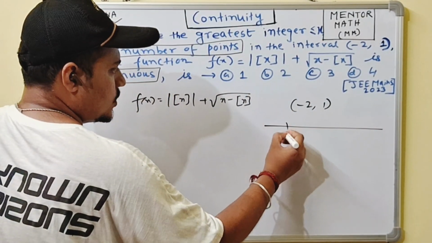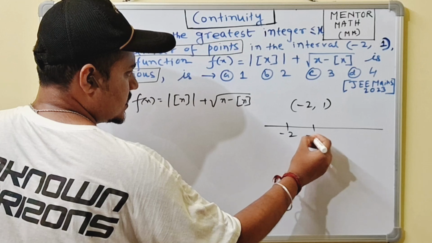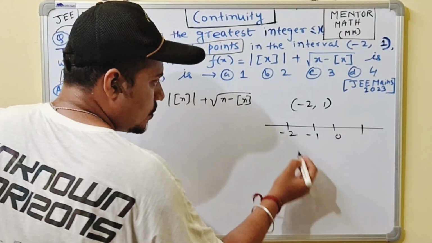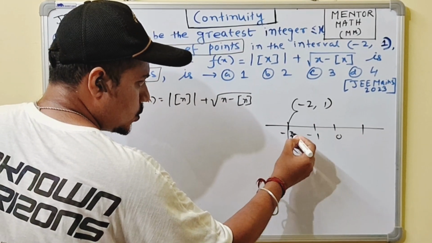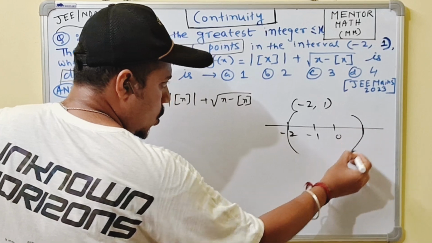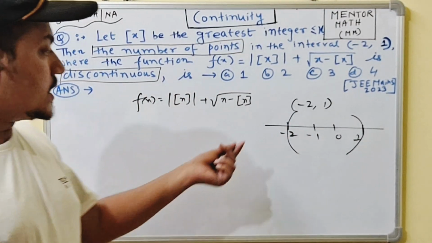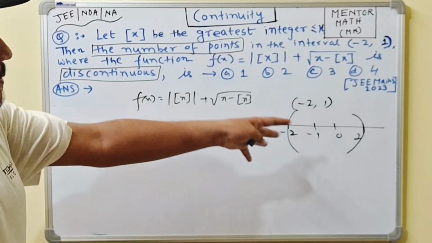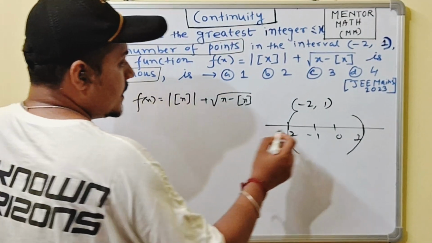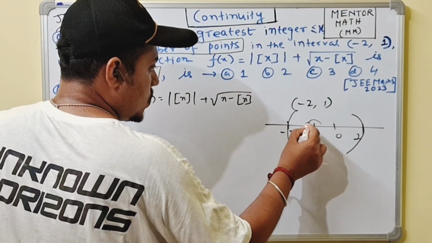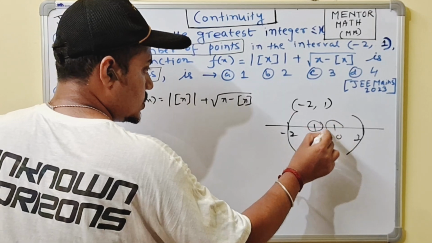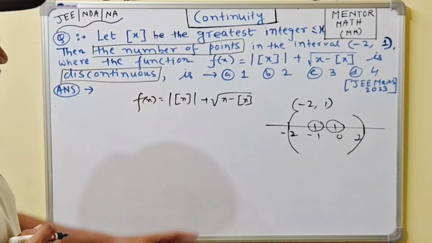If I draw it this way, this is -2, let us take this -1, 0, the integers. You have to work on this -2 to 1 interval, which is an open interval, so you can't take the boundary values. In between this interval there are two integers, -1 and 0. Look at this diagram also.